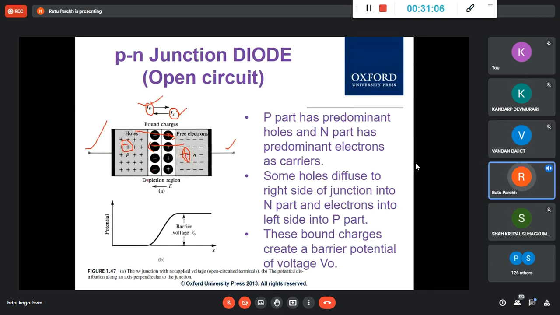Now, what is happening is that here the electron on the minus side is a minority and here the hole, plus, is a minority. If you talk of this potential here, this is plus and this is minus.